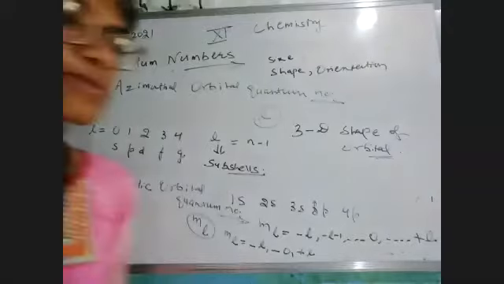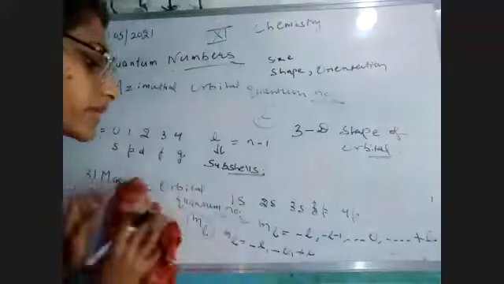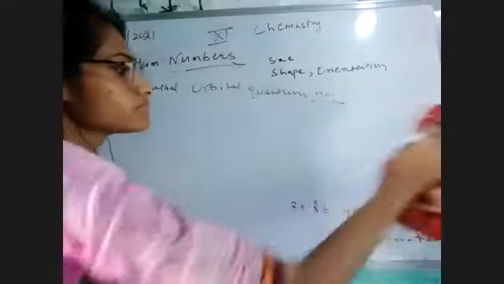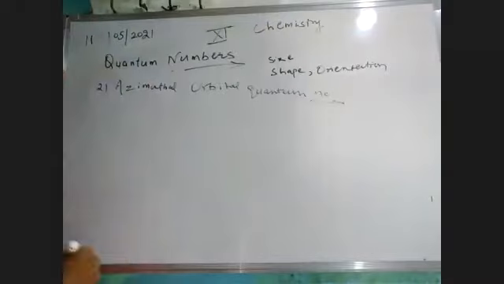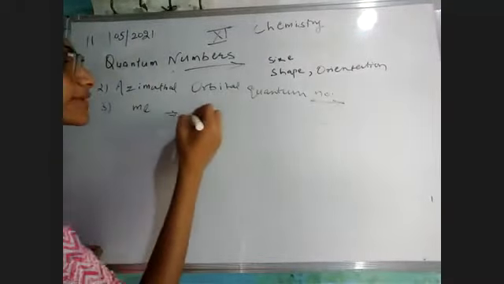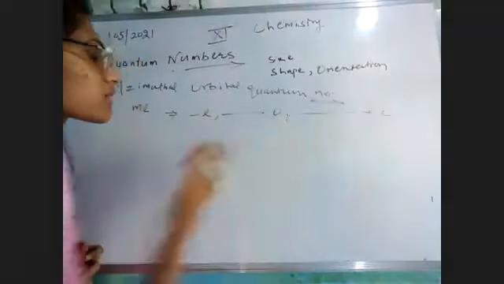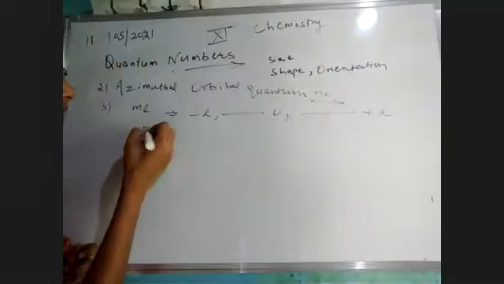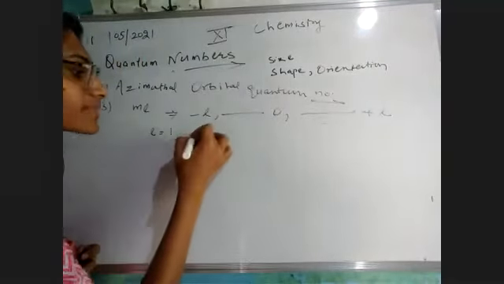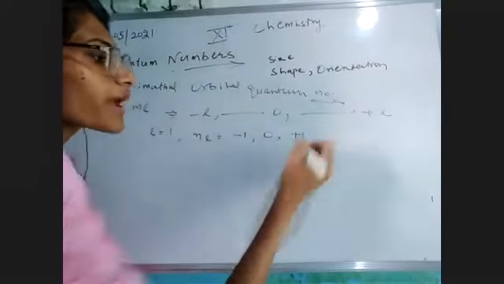Let's have an example with what I have given you. ML gives us values minus L, 0, plus L. Let's say L equals 1. Then ML must be equal to minus 1, 0 and plus 1.